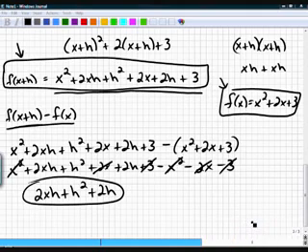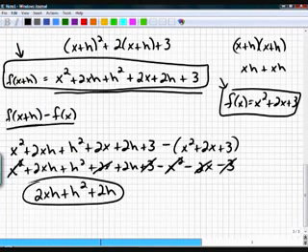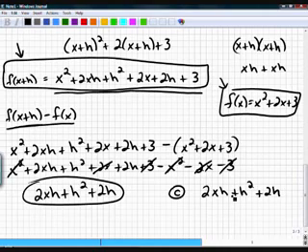And the third step, or C part, says, if I go back to it, find f of x plus h minus f of x. Do you see the top is what we just did, divided by h. So we've just got to take what we just did and divide it by h. Watch how I do it. 2xh, this is C part, 2xh plus h squared plus 2h divided by h.